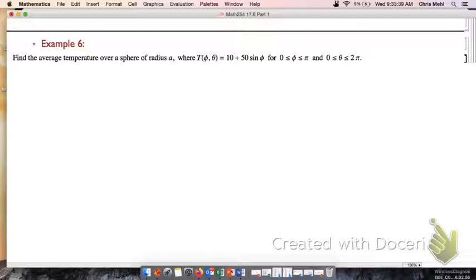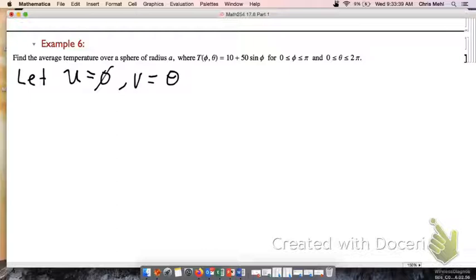In the textbook, what they do is they actually let u be phi and v equal theta. And it doesn't really matter either way. You just have to recognize that u is really ranging from 0 to pi and v is ranging from 0 to 2 pi, but you can do it either way.